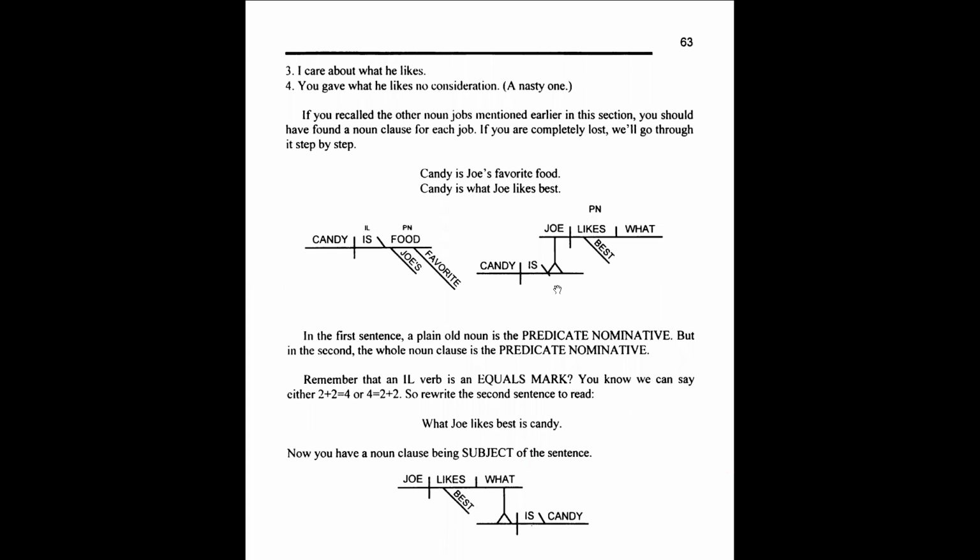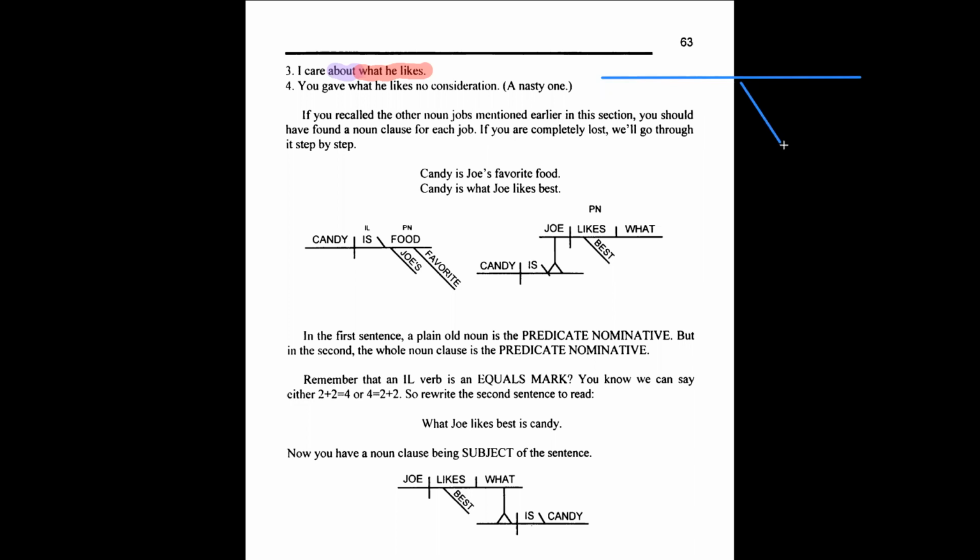I care about what he likes. Look at this one. We got our subject, we got our verb, care, and then about. About is a what? It's a preposition. So then what he likes is a noun clause, but it's the object of a preposition. So think how you're going to diagram it. You do a normal preposition, like you normally would. Let me use a different color so it comes out on the black.